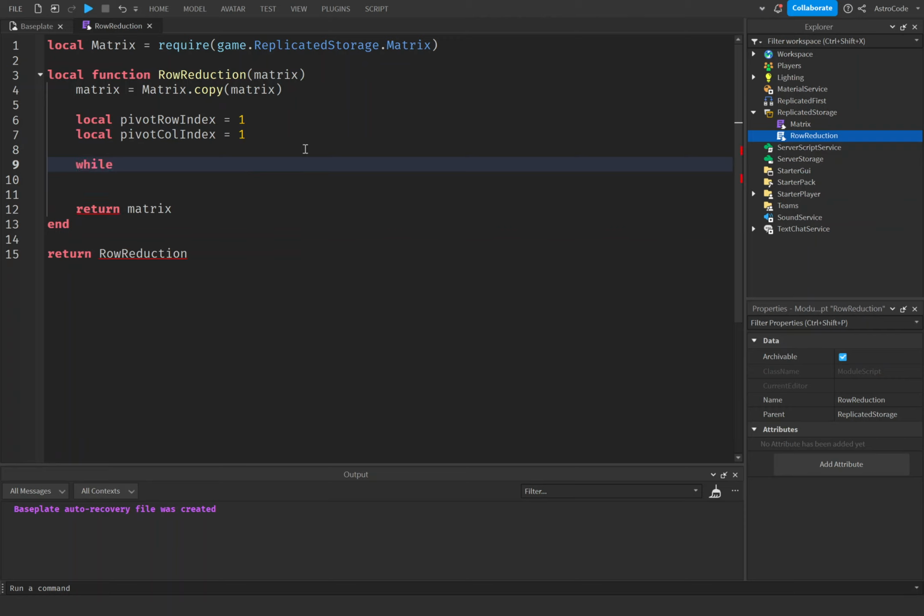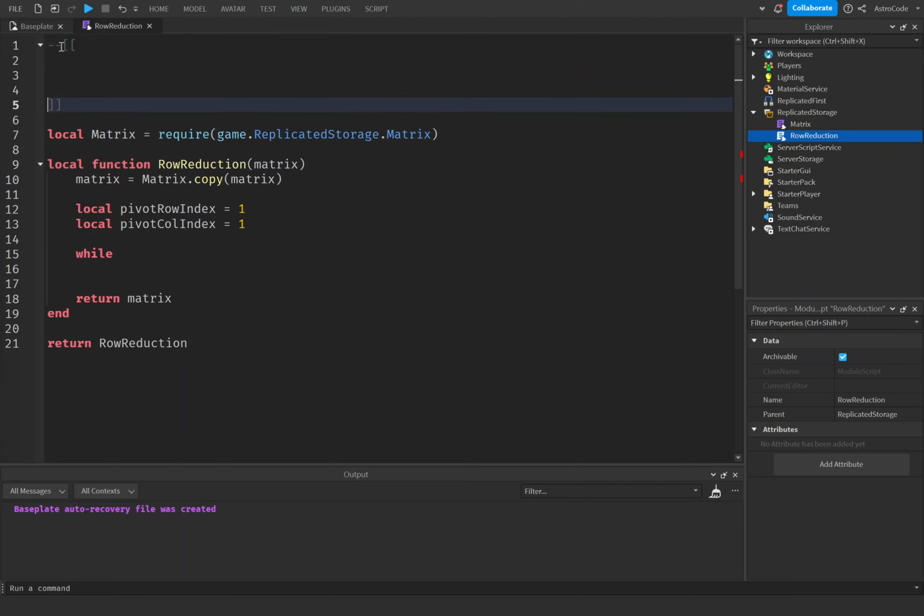So throughout the algorithm, we're going to move the pivot. A lot of the time, we're going to move it diagonally down and to the right. Because you start at the first row and you eliminate down, then you go to the second row, eliminate down. But actually, sometimes we're going to keep the row the same, and only move the column. And so, like, what is a case where we do this?